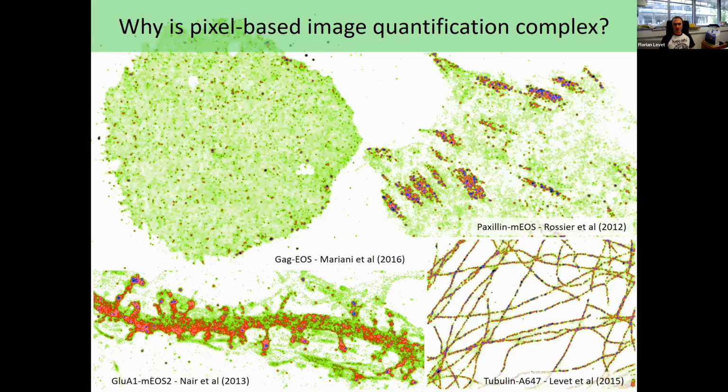The problem is that it can be quite complex to quantify pixel-based images. So here you have different kinds of data. You have some virus here, you have some neuron, the adhesion sites here, and some microtubules. And obviously, you won't be able to apply exactly the same technique in order to quantify this varied data. So you will need to have some particular pipeline in order to segment each particular morphological model.